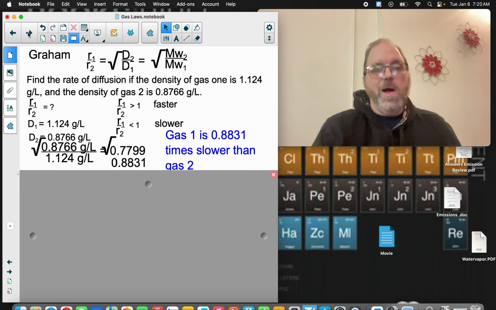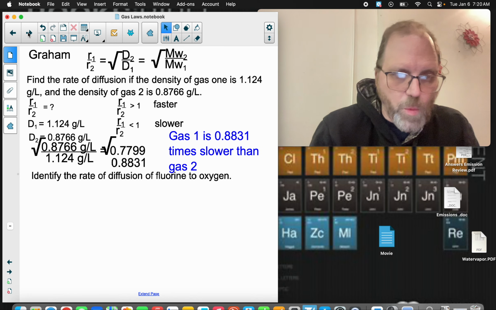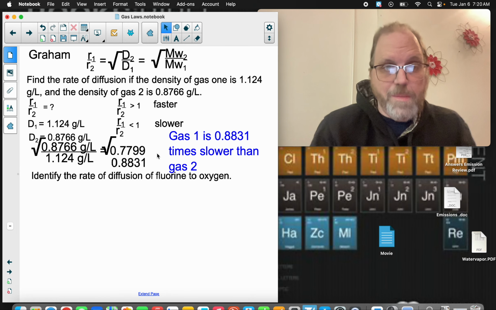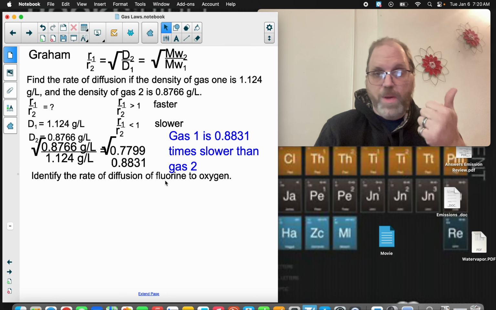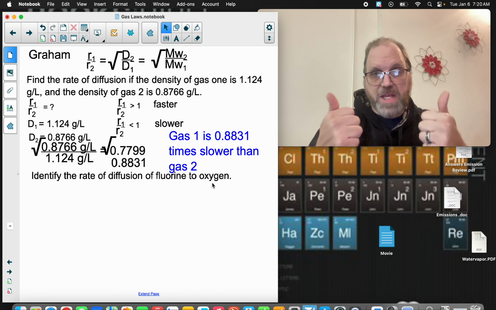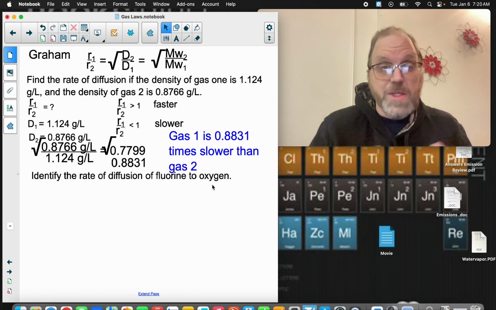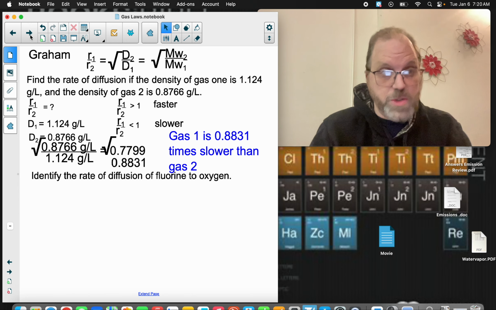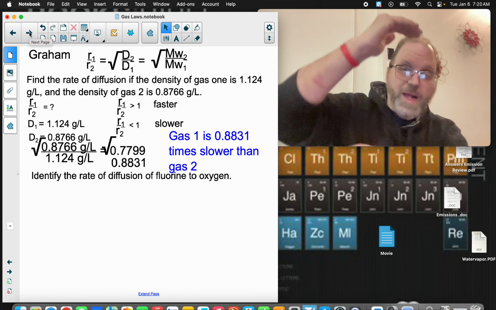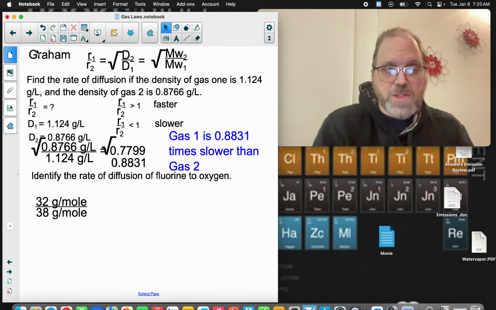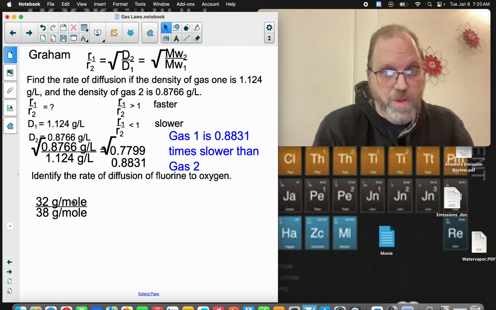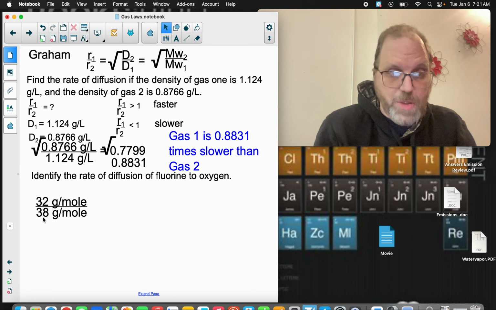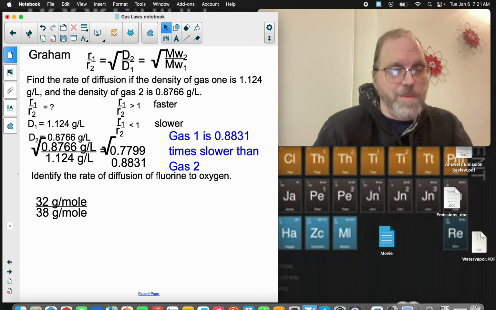All right, let's take a look at the opposite problem. We're going to do molecular weights now. Remember, the atomic mass of fluorine is 19, oxygen is 16, but they're both diatomics, so we have to double them, F2 and O2, and we're going to do oxygen on top. So oxygen, 32 grams per mole, units for molecular weight. 19 times 2, 38 grams per mole.